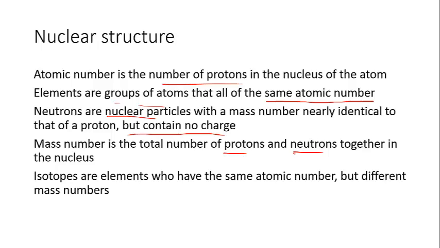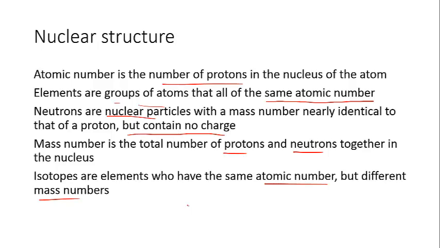It's nearly 1,800 times smaller than a proton and a neutron. Isotopes are an interesting phenomenon. An isotope is an element that has the same atomic number, but it has a different mass number. So what does that mean? Well, an element is defined by the number of protons. So this must mean that an isotope would have a different number of neutrons.